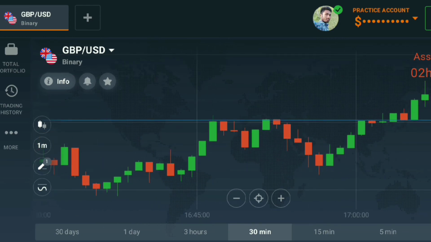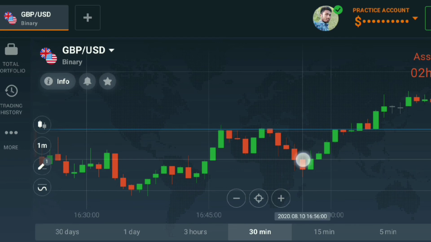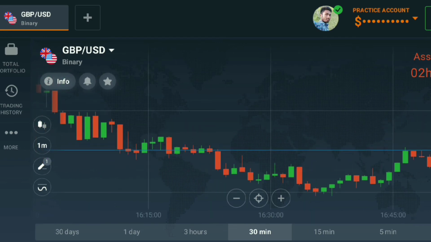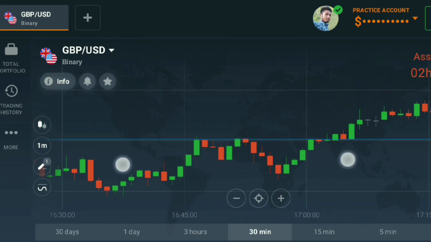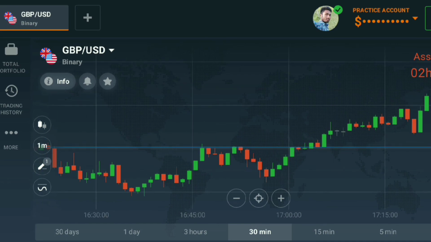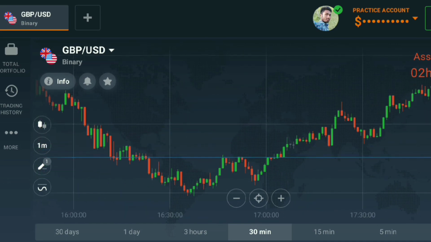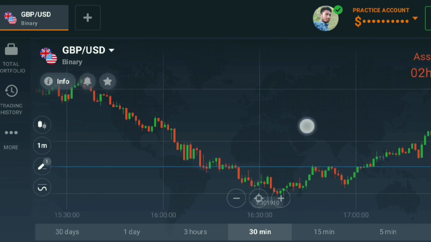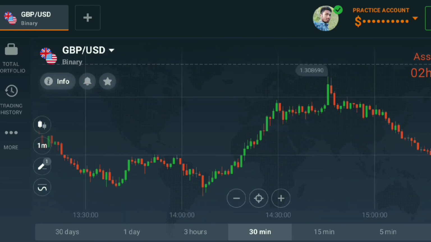So here you can see a double top pattern, and after that the market fell in the downward direction, right? It is similar for the double bottom pattern too. If you see the market coming down and making a double bottom pattern, then you come to know that the market will go up.